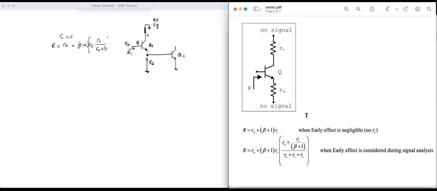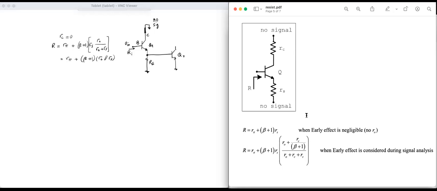Now, if you look at this quantity, this is RO RS over RO plus RS, so that's RO parallel RS. So R pi plus beta plus 1 small RO parallel small RS.